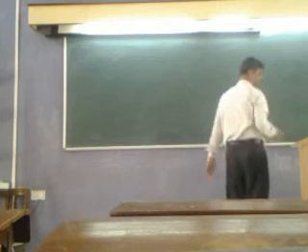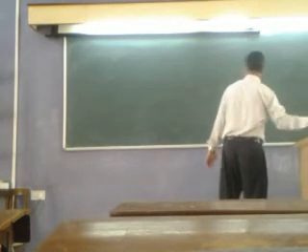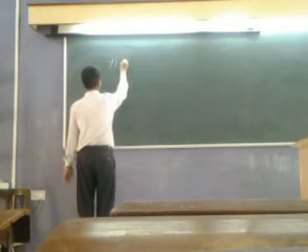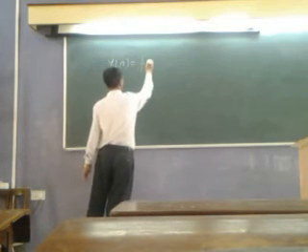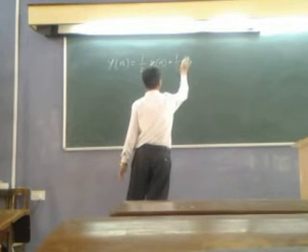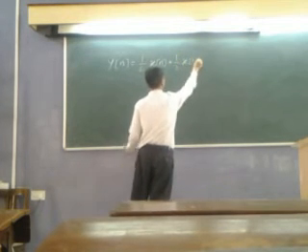Let us consider case 1 first. In case 1 we have the governing equation yn is equal to half xn plus half xn minus 1.